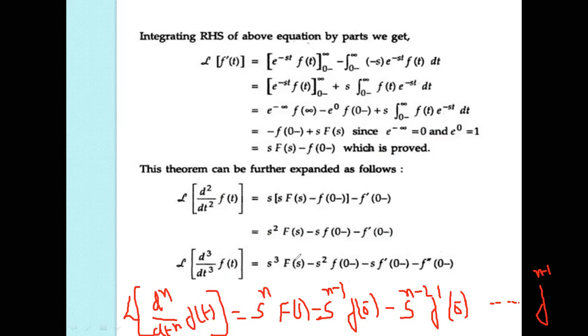So for the second derivative, d cube by dt cube, and now here the derivative is f power n. Okay, and for the nth derivative, d power n by dt power n, f power n minus 1 at 0 minus.